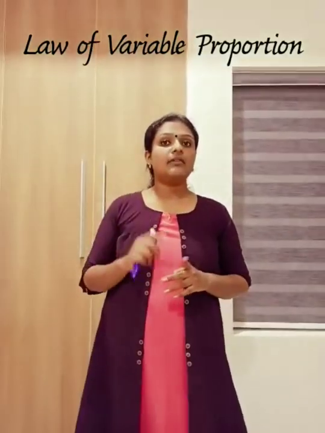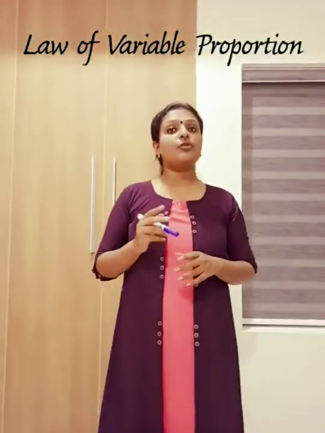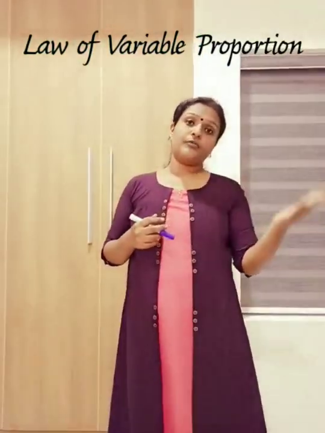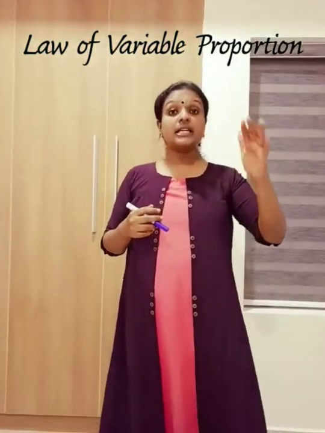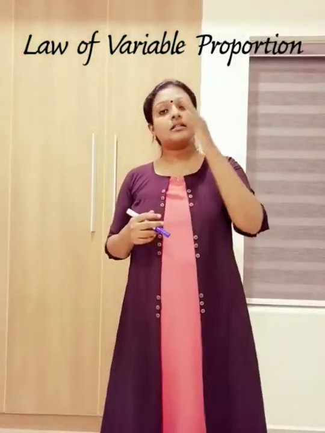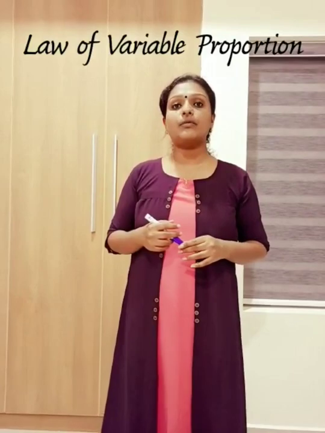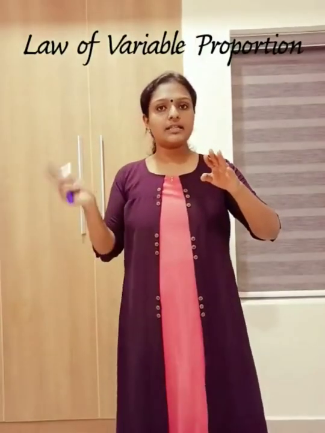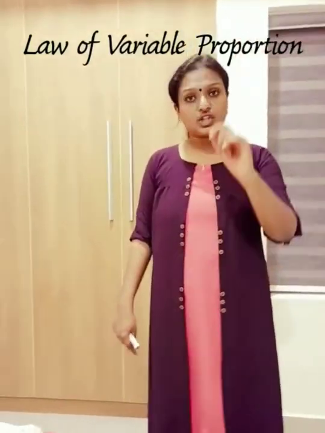The 10th and the 11th person are the example for the negative rate, 1 to 5 is the example for increasing at an increasing rate, and 6 to 9 is the example for increasing at a diminishing rate. Why is it called increasing at a diminishing rate? The TP is increasing but not as much as in the first stage. Understood?